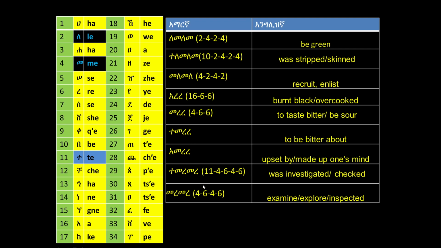These are all real Amharic words. For example, the first one, ለመለመ, means to be green. ተመረረ means to be bitter about, and so on. But for the time being, you don't need to know even the meaning, because our aim is just to start reading Amharic.